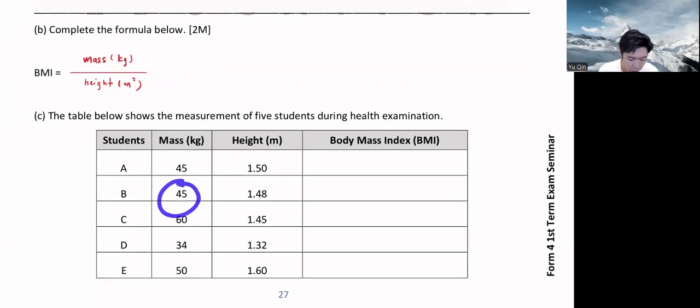You should be doing the same thing for the rest. So 45 divide 1.48 squared. Should be able to find. So maximum 2 decimal places. You want to round up to maximum 2 decimal places.